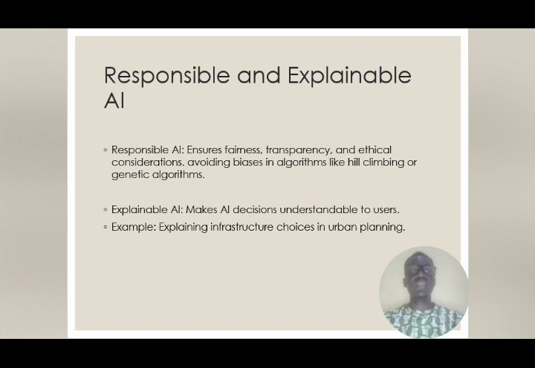So it makes sure the decision is clearly transparent and it's not harmful to the user. Now explainable AI makes decisions understandable to the users. For example, explaining infrastructure choices in urban planning, where there's positioning of schools, positioning of churches, it tells you why it shows a specific location for the infrastructure. It helps you, the user, understand its decision more clearly.